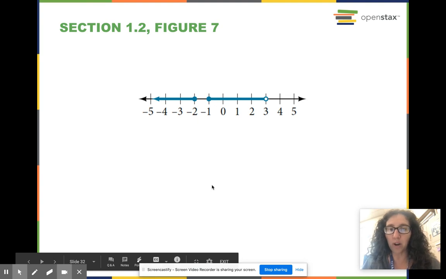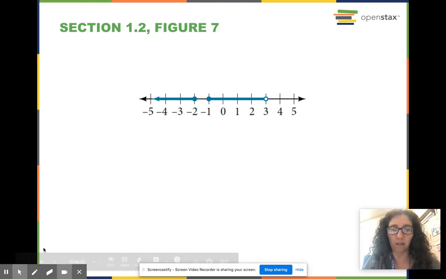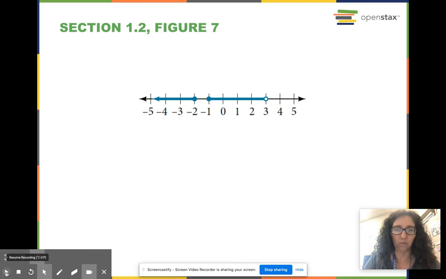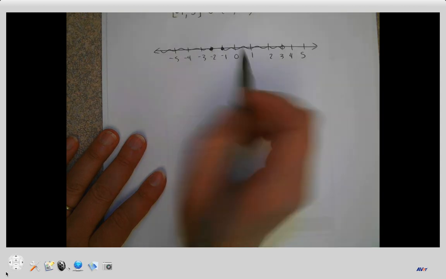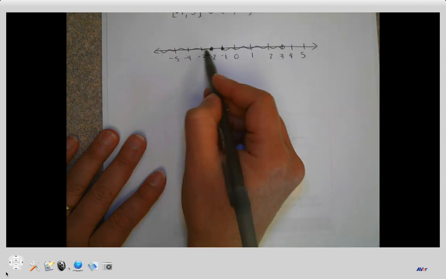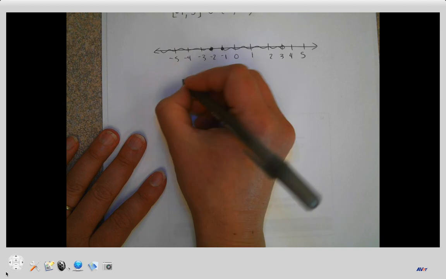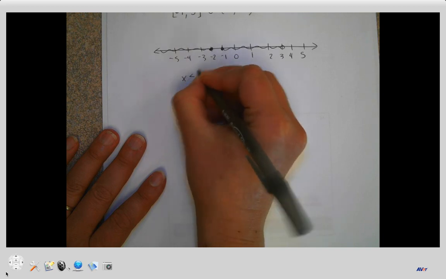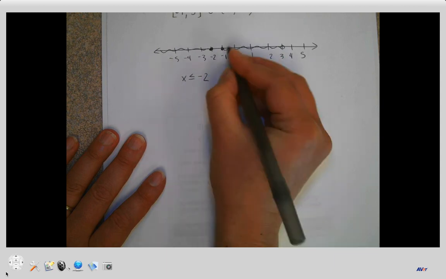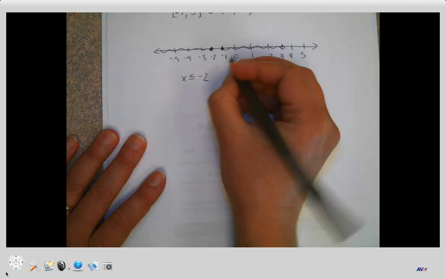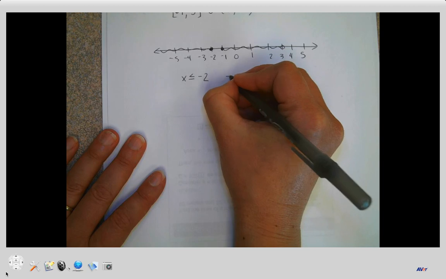All right, here's another one. Pause it and do the same thing. Okay, here we've got some intervals on a number line. Let's see, this first one, let's do inequalities. It's all the x's less than -2. So I'm going to say x is less than or equal to -2, because of that filled circle. And then let's see, this interval is going to go from -1.